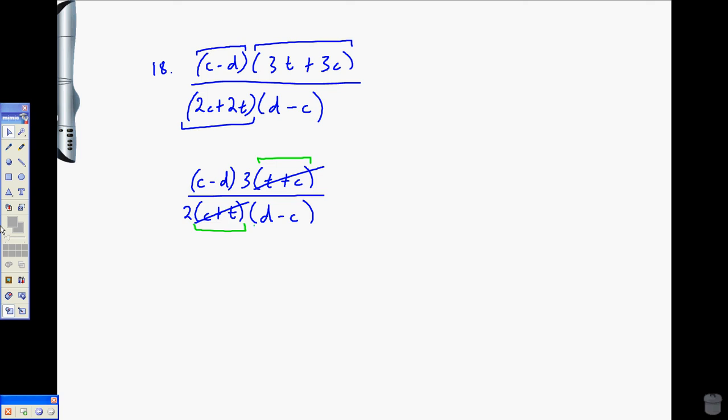We've got a D minus C and a C minus D here. Well, let's try and figure this one out. Let's assume that C equals 5 and D equals 4.